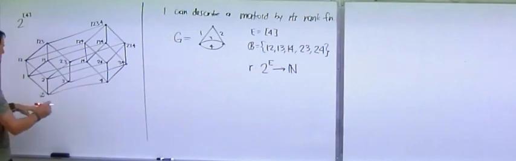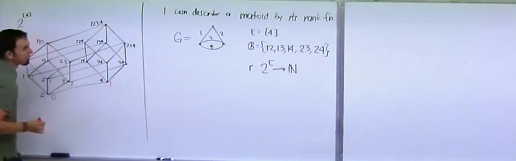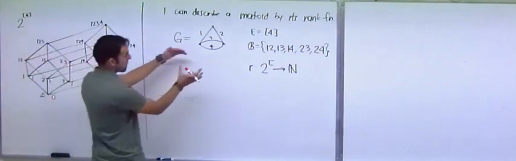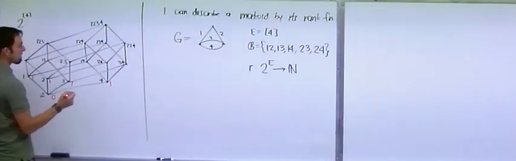Okay, so the empty set has rank 0. Then each edge on its own has rank 1, because there are no loops here. So 1, 1, 1, 1. Now, the pairs of edges have rank 2, except for the pair 3, 4, which is a circuit, and it has rank 1.